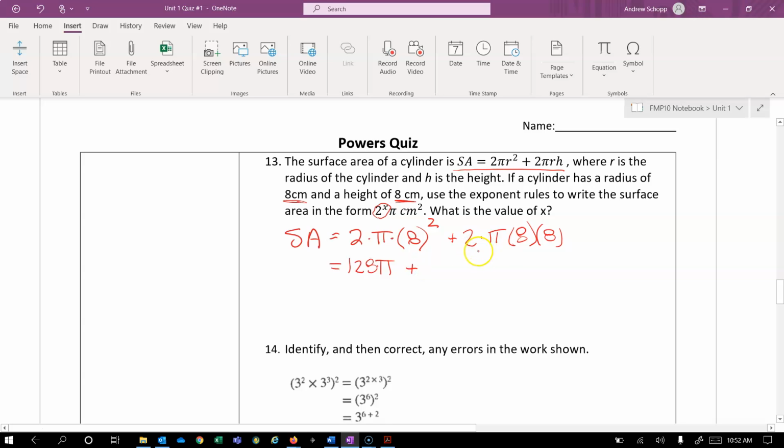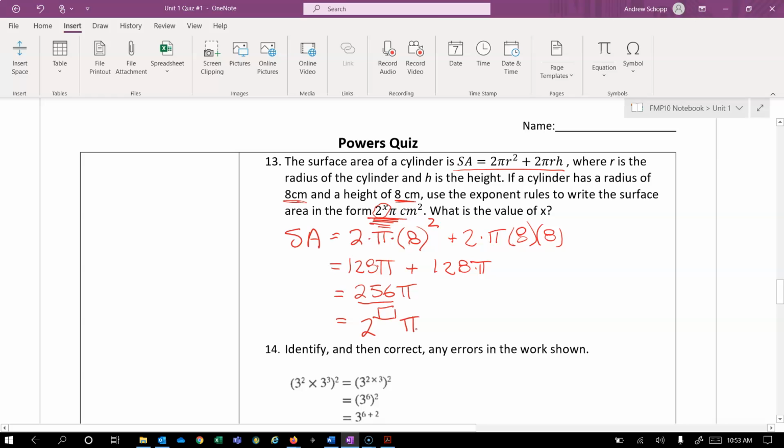And over here, we have the same thing. 2 times 8 times 8, which is 128 pi. And if we have 128 pi plus 128 pi, we end up with 256 pi. And if you're going to compare this to the way I wanted your answer, we have to rewrite this 256 as 2 to the power of some number.